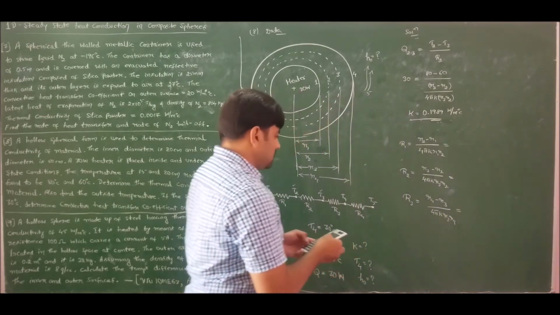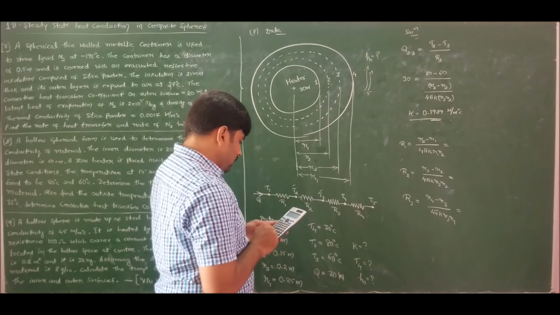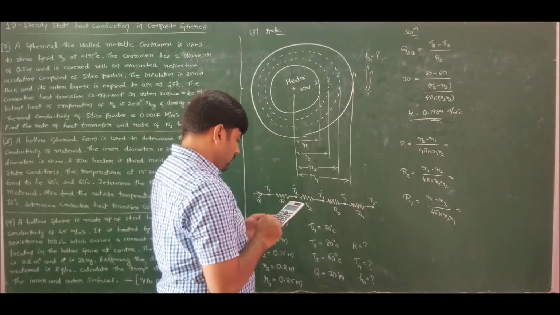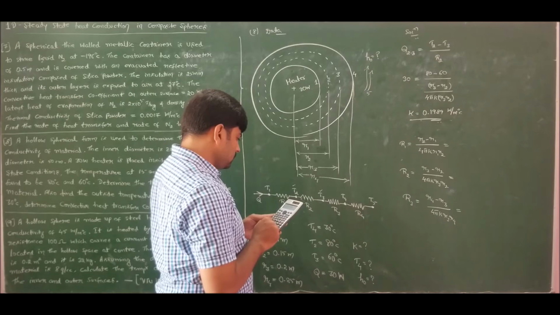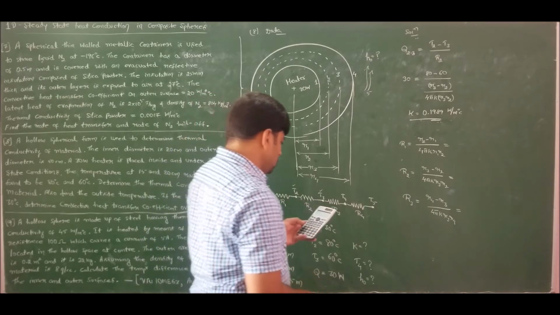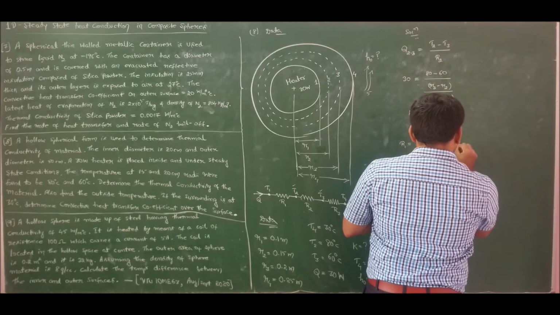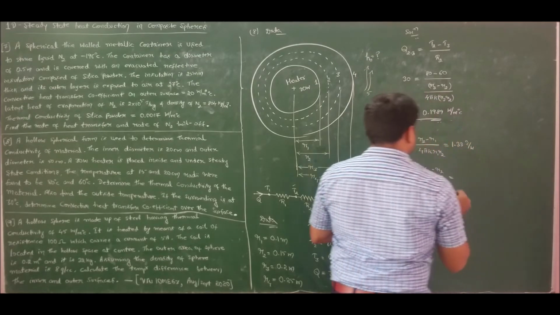If I solve for the resistances, R1 is 0.15 minus 0.1 divided by 4 into pi into K, 0.1989, into R1 R2, 0.1 into 0.15, which is 1.33 degrees Celsius per watt.